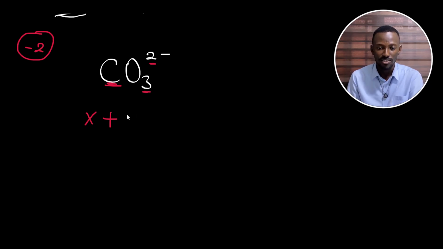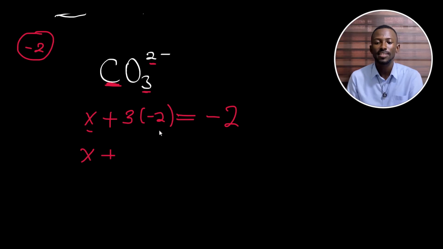But how many oxygens do we have? We have 3 of them. So 3 times the oxidation state of oxygen, which is -2. The oxidation state of carbon, which is X, plus 3 times -2, is equal to the oxidation state of the entire ion, which is -2. So X plus 3 times -2 gives us -6, equal to -2.